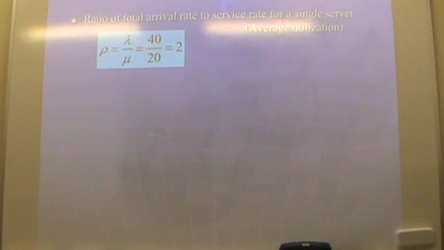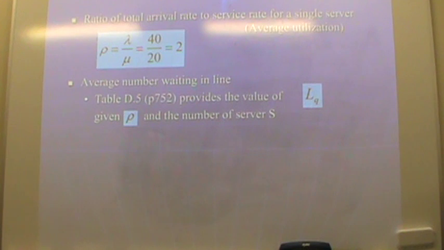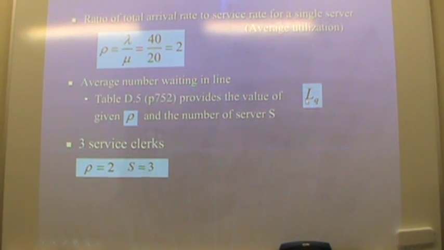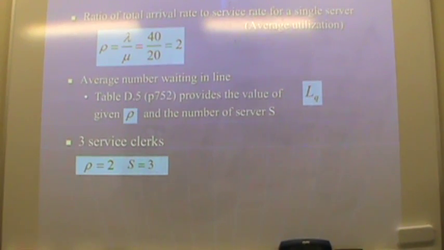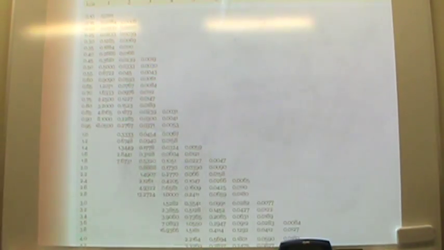But anyway, there are 3 waiting lines. If 3 workers work, then we need the length of queue. We may use the formula, but we can use the chart. It's attached.